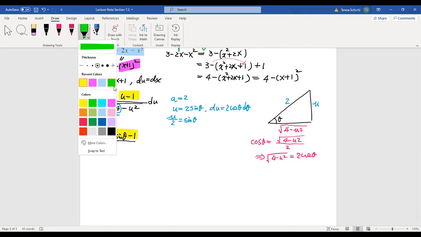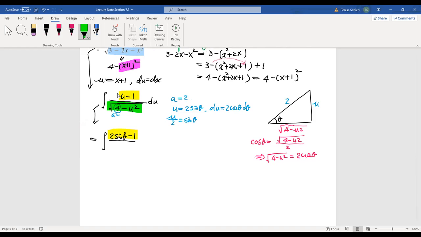And the square root of 4 minus u squared, we just did that, so that will be 2 cosine theta. So we replace it here. Then what is the last one? We have du, which is 2 cosine theta d theta, so we replace it here. After you do that, you know you did not miss any terms.